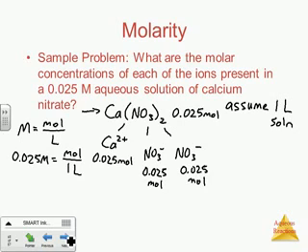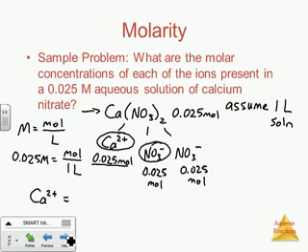So the way that that works then is that if they want to know the concentration of each of the ions, then we need to talk about the Ca2 plus and the NO3 minus, because that's what it splits apart into. So the concentration of the Ca2 plus, well, we still just have 0.025 moles of that, right?